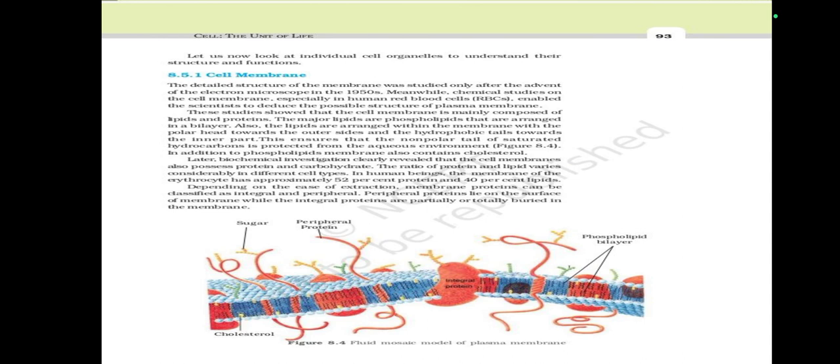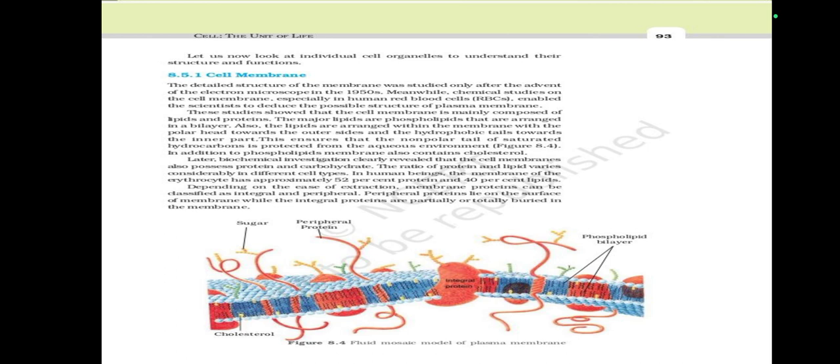Cell membrane. The detailed structure of the membrane was studied only after the advent of the electron microscope in the 1950s. Meanwhile, chemical studies on the cell membrane, especially in human red blood cells (RBCs), enabled the scientists to deduce the possible structure of the plasma membrane.